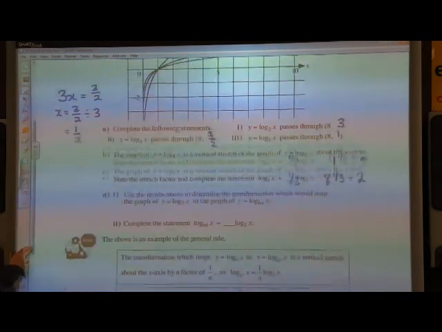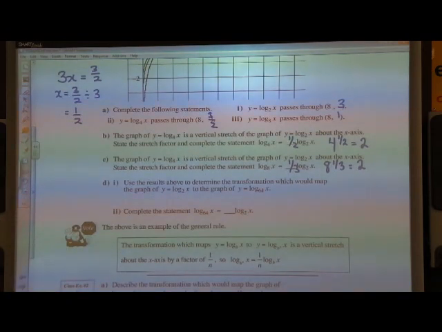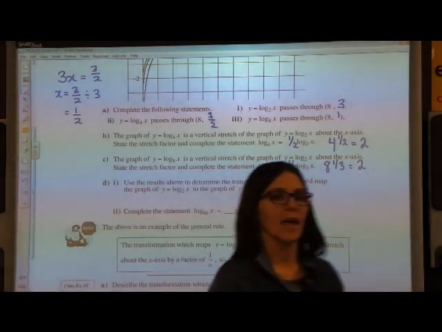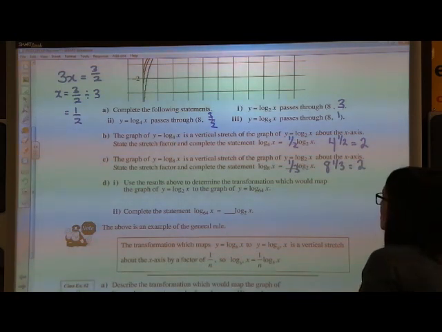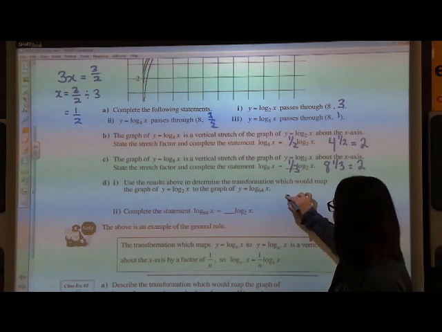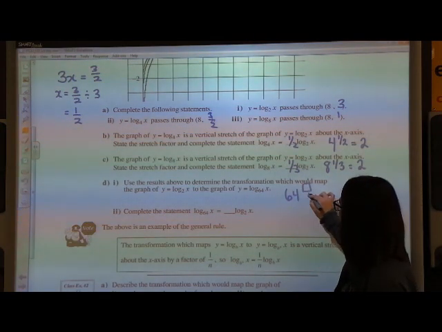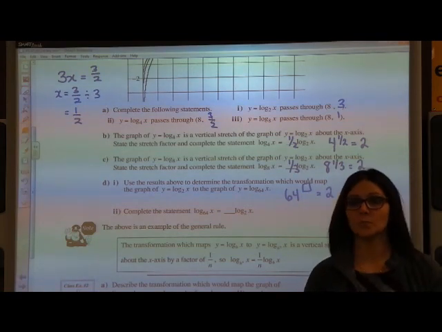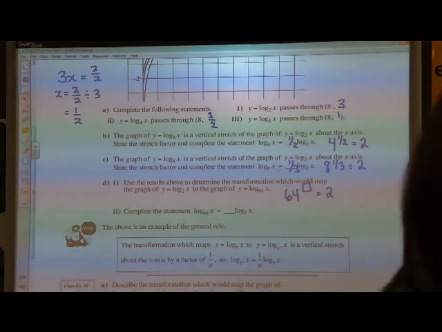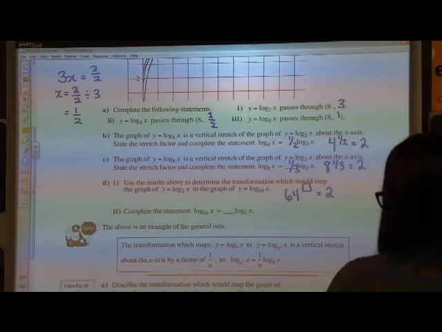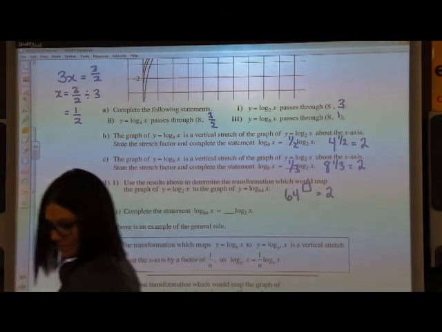So if I had the graph log base 2 of x and log base 64 of x, and I wanted to say that log base 64 was a stretch, what would be my stretch factor? So what I'm asking is 64 to what power is equal to 2? I don't know, you tell me. 1/6?